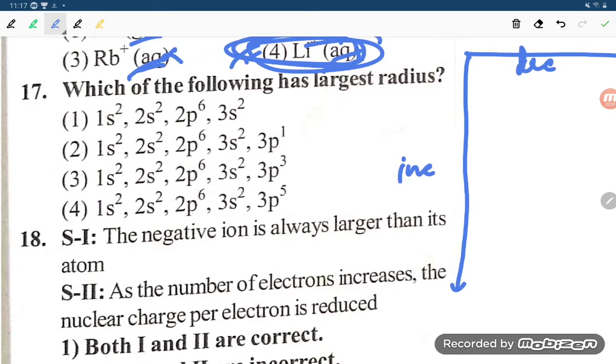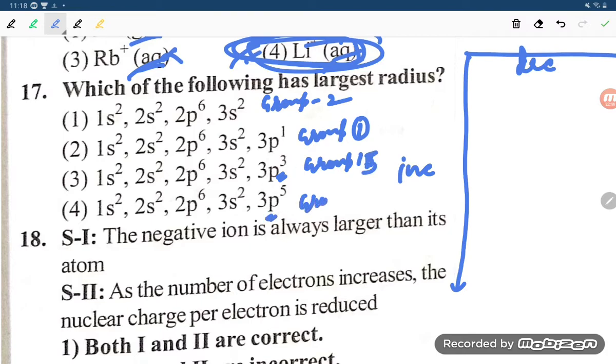So what are these elements, student? With 2 electrons, it is group 2, and this is group 1. This one with 3 electrons is group number 13. 3s2 3p5, with 7 electrons in the valence shell, is group 17, and group number 15 is the nitrogen family.